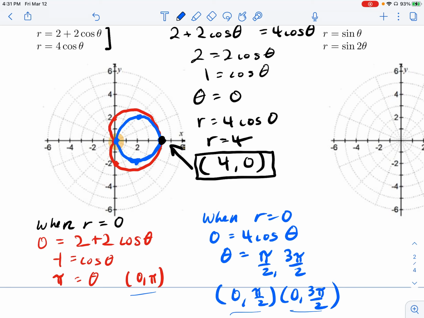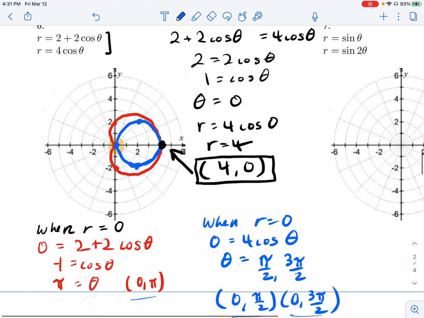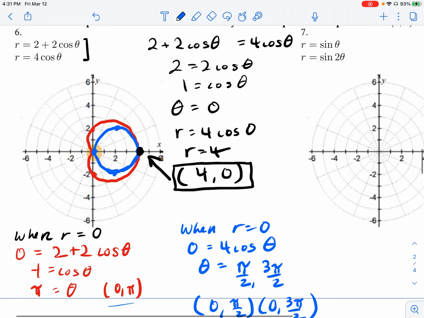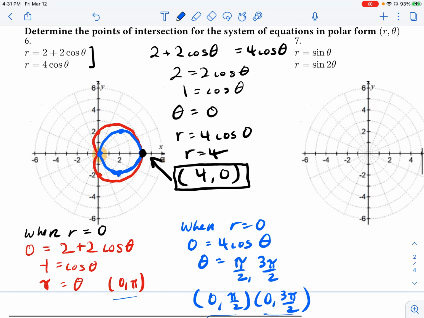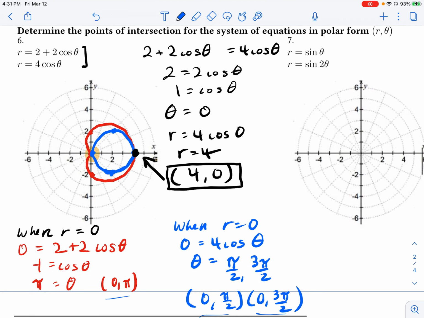If we think about this in terms of time, they're hitting the train station at different times. They're just missing each other. So even though it looks like they're intersecting there, our points are not the same. These are not points of intersection. The only one we could get would be 4, comma 0. Hopefully that clears that up. And I encourage you to try the next one now that you have a pretty good sense of how to determine points of intersection for a system of equations in polar form.